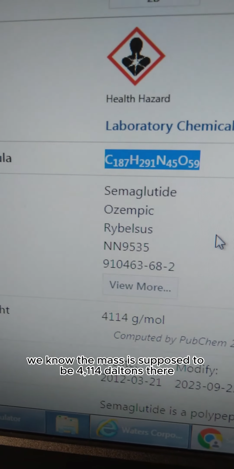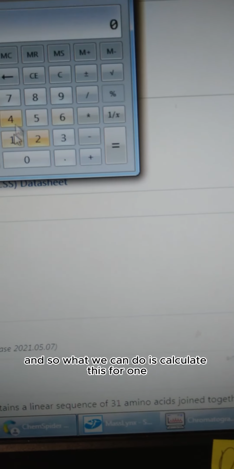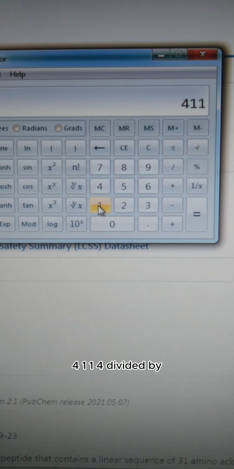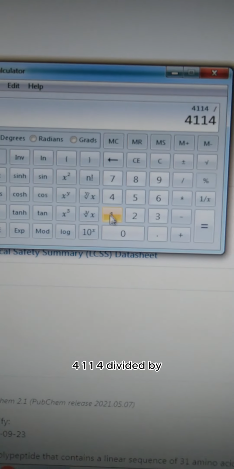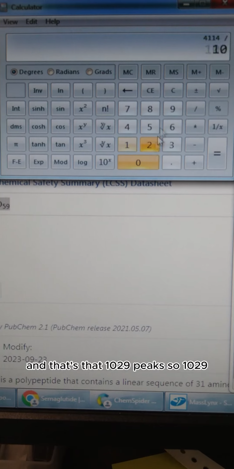We know the mass is supposed to be 4,114 Daltons there, so what we can do is calculate this: 4114 divided by, and we look at our spectrum, and that's that 1029 peak, so 1029, and that's our fourth charge state right there.